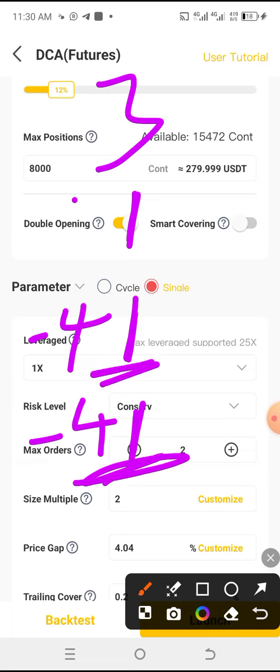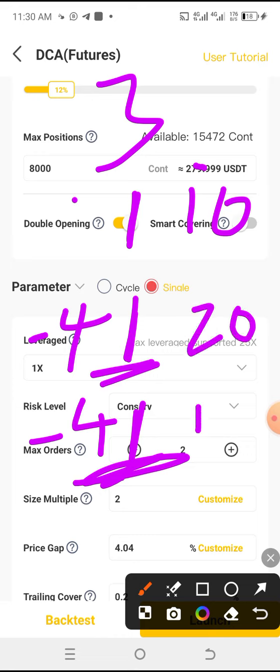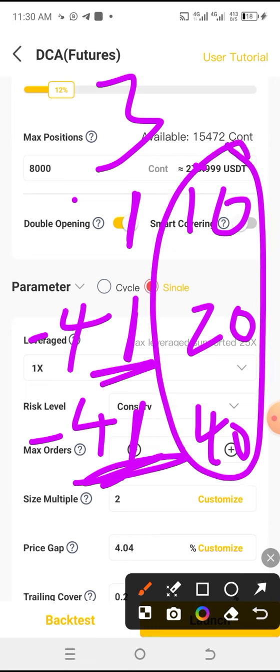Then it gets to another minus 4% and buy more. So assuming you buy $10 here, and you buy $20 here, you buy $40 here. It's just an assumption. So all you'll be having in the trade right now is going to be $70. So it will be giving you 1% of $70.